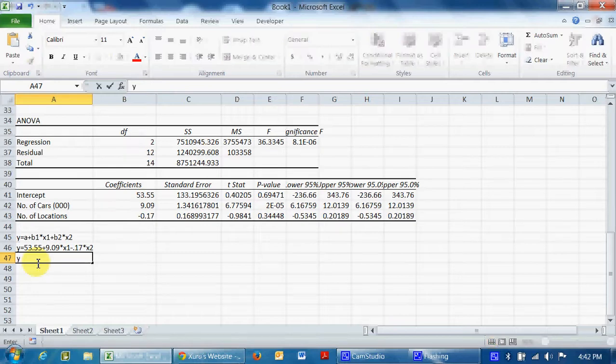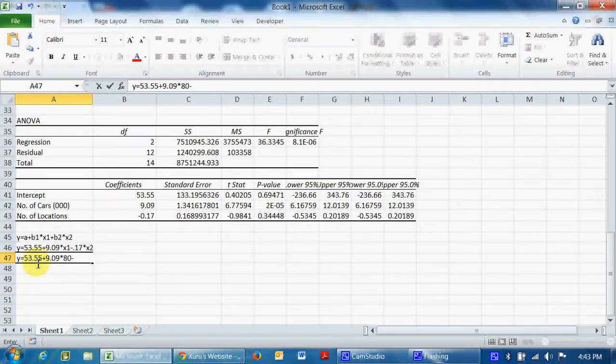So for that equation, I'm going to enter it in visually before I actually solve for it. Y equals 53.55 plus 9.09 times X1. And X1 I now know to be, since they gave it to me, 80.